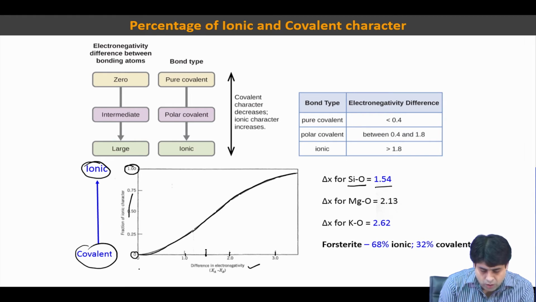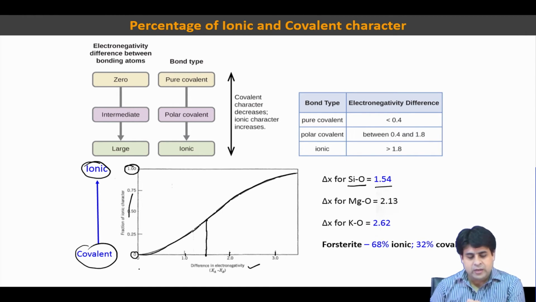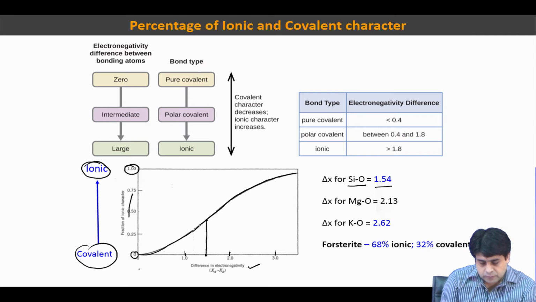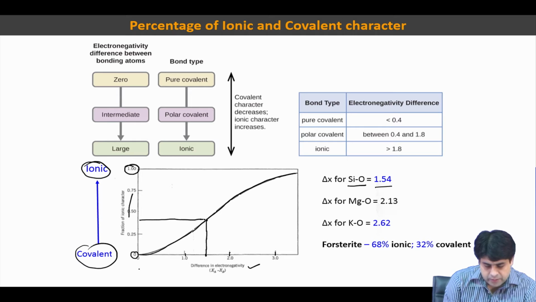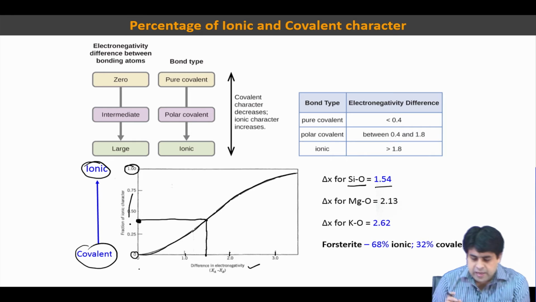If you draw one vertical line, it will intersect at this point, and if you draw a horizontal line and connect this, it means that this silica and oxygen bond will be mostly covalent in character. You see almost 45% ionic character or 55% covalent character this particular material has.